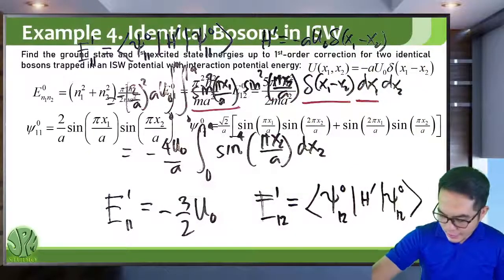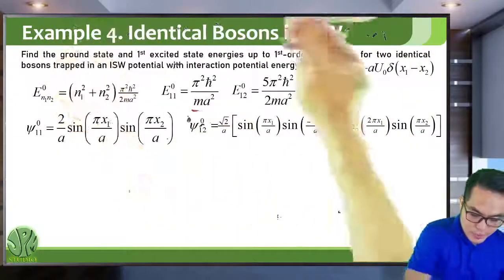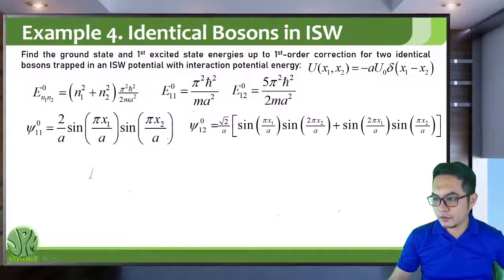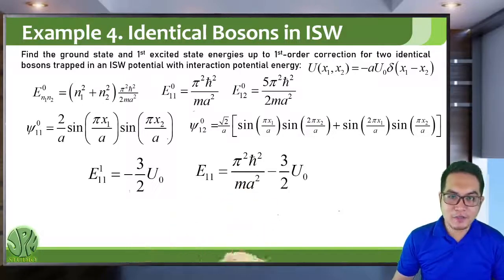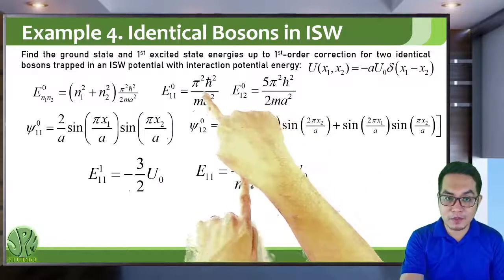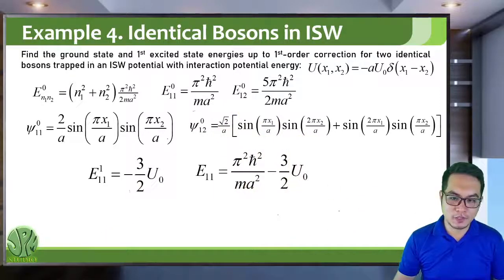So in this case, our first order correction in the ground state energy will be -3/2 u naught. Meaning, if you are asked to find the new ground state energy up to first order correction, it's just the unperturbed ground state energy plus the first order correction, -3/2 u naught.